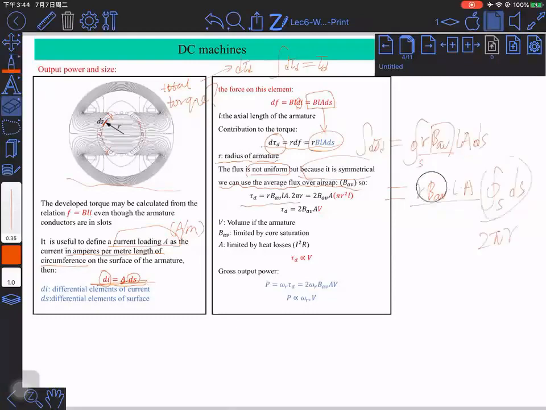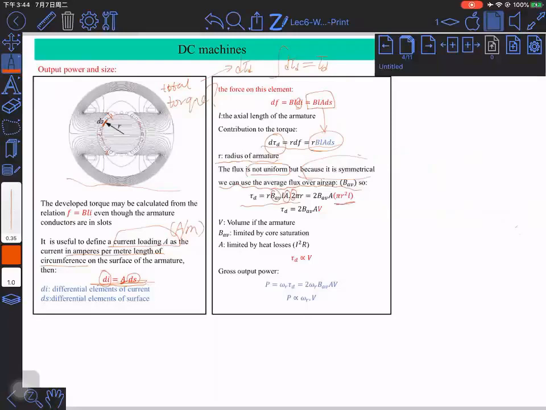And we can reorganize the equation in the other way. That is, we take out 2, B average and A. What is left over is pi r squared times L. So what does this mean? If you look at the armature, the cylindrical shape is like this.